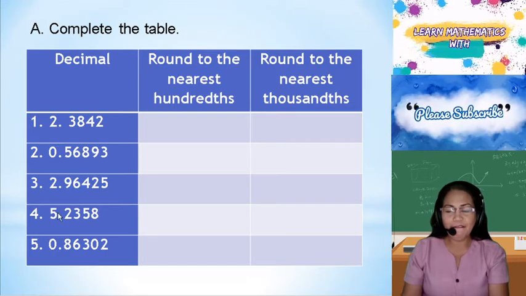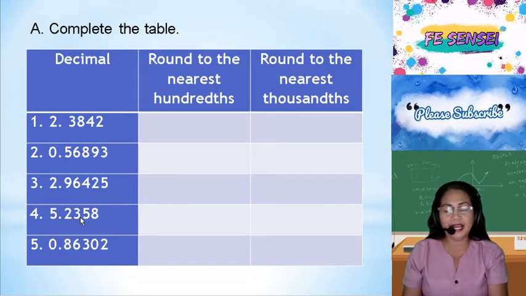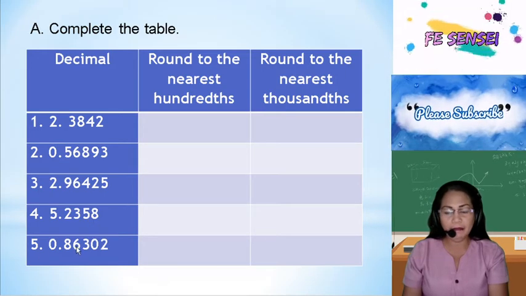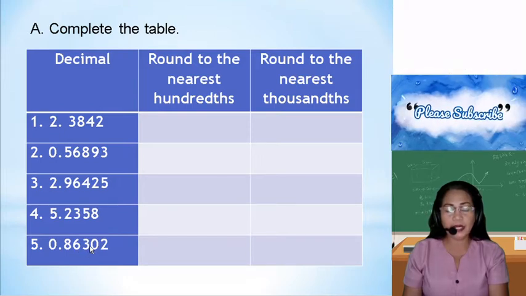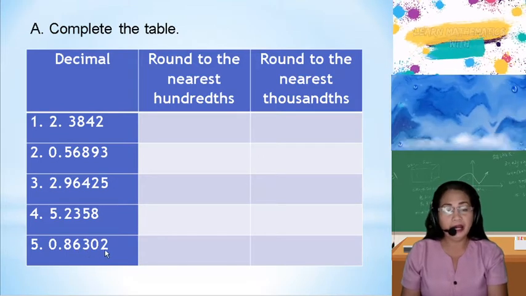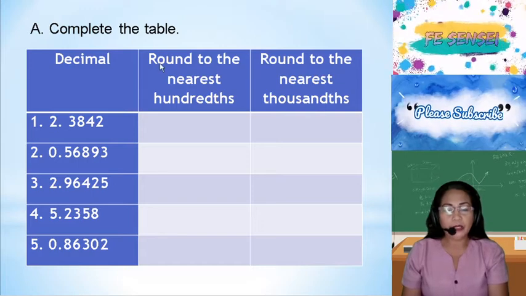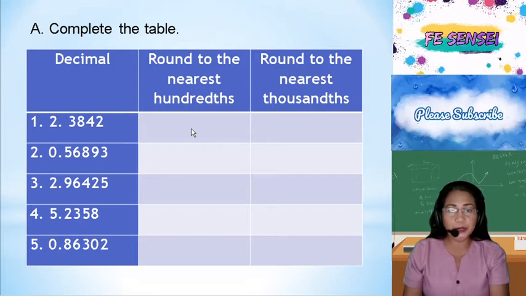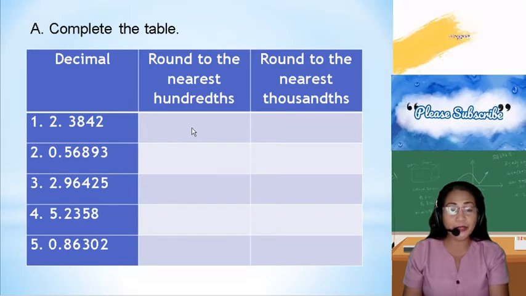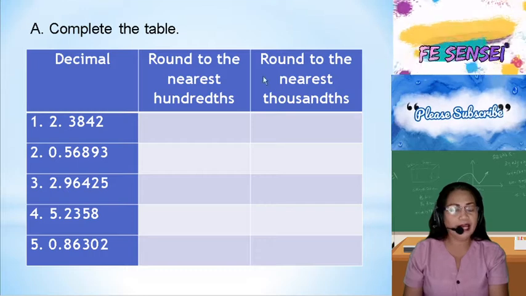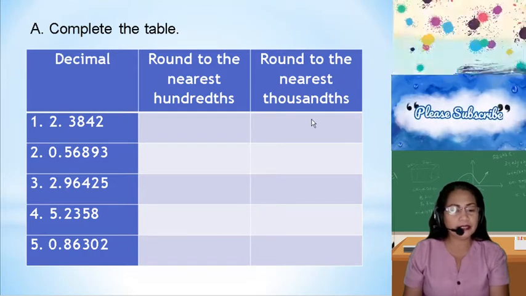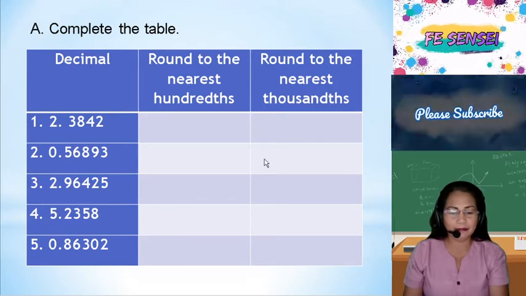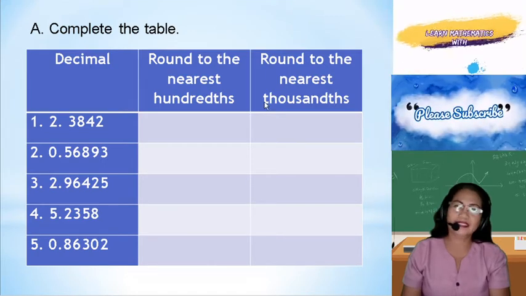Number 4, 5 and 2,358 ten thousandths. Number 5, 86,302 hundred thousandths. So your answers to the nearest hundredths should have 2 digits after the decimal point. And for the nearest thousandths, you have 3 digits after the decimal point. Go, go!